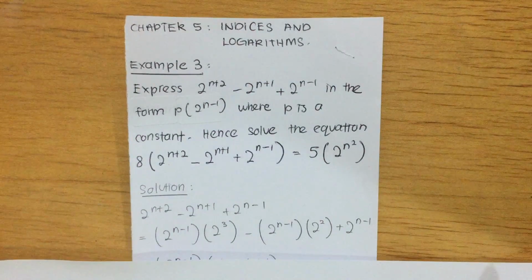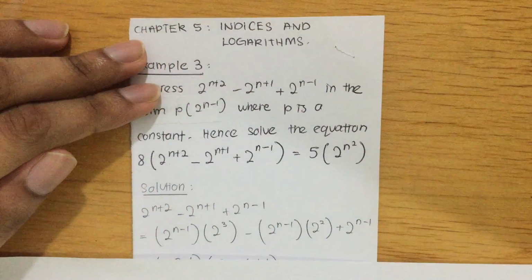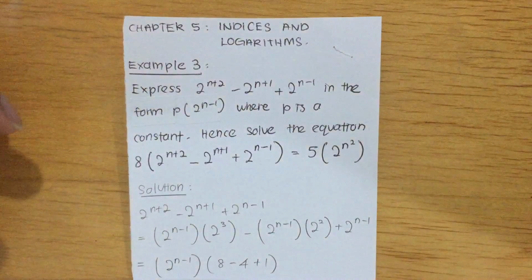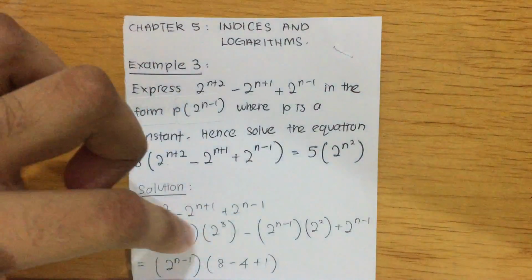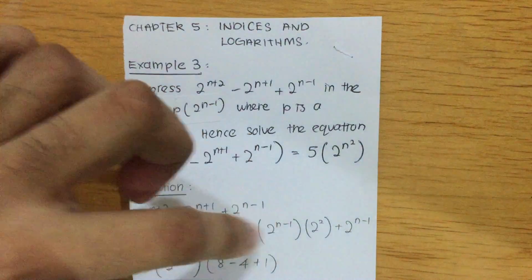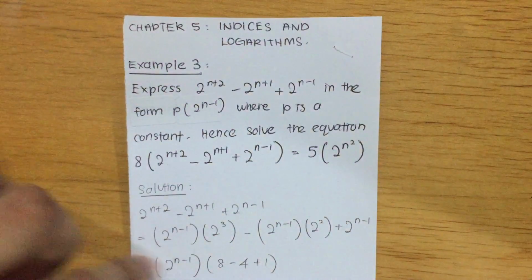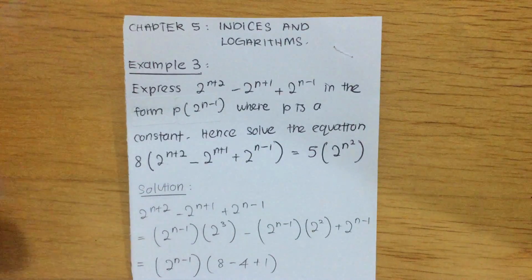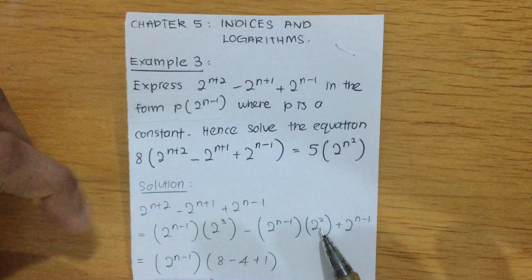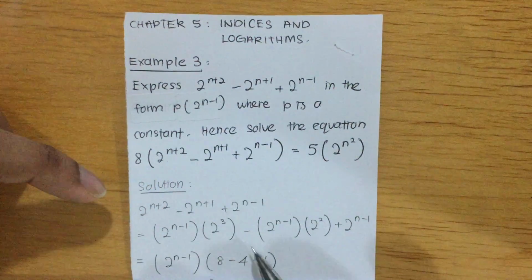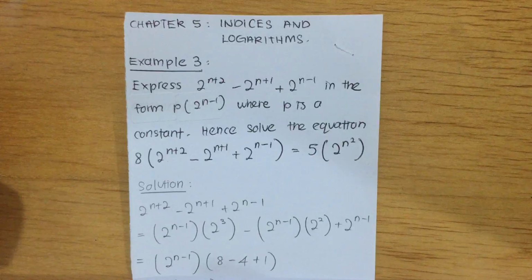Okay, let us proceed to the next step. Since 2^(n-1) is the similar unknown here, we factor out 2^(n-1), and then group 2^3, 2^2 and 1 in the same bracket.